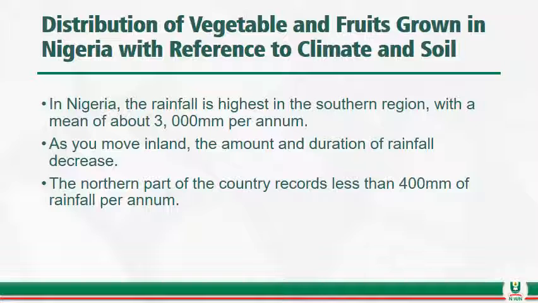So there are certain crops that can grow in that kind of region. Coming down south, you have higher humidity, higher diseases and pests, and then lower temperatures. So there are certain crops that can also thrive there. So we want to check how this distribution works.